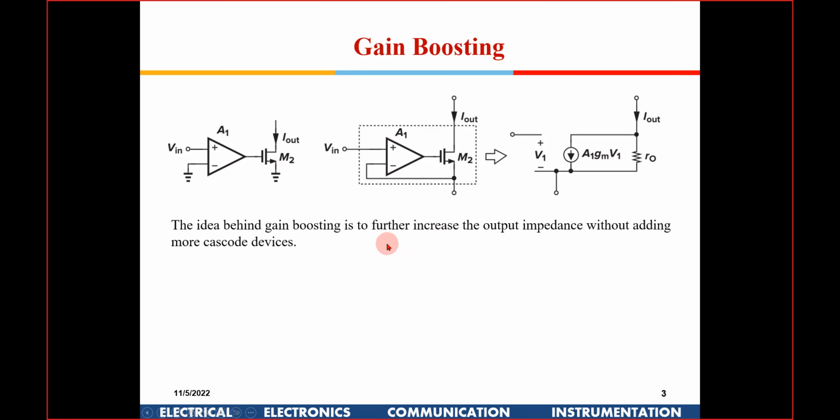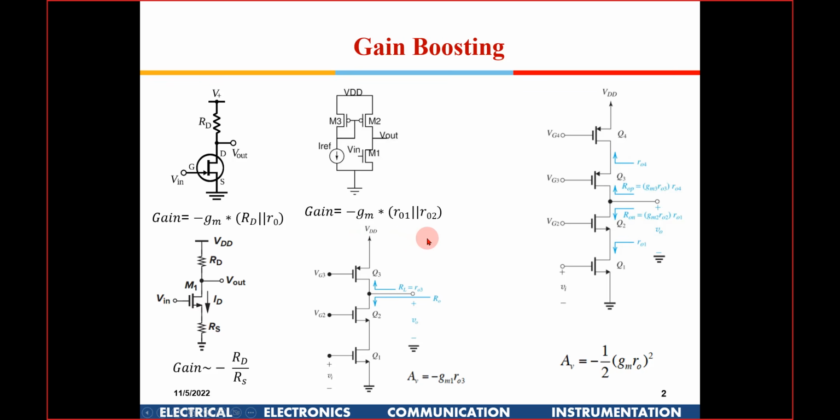So now how to boost the gain? The problem here is there are 1, 2, 3, 4 transistors which are to be cascoded one above the other, so less of a headroom. That is an issue.